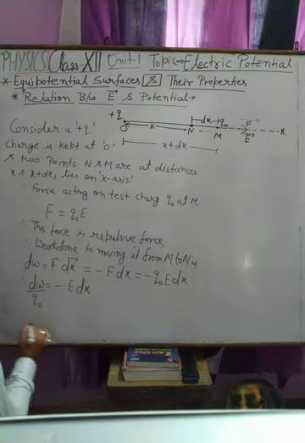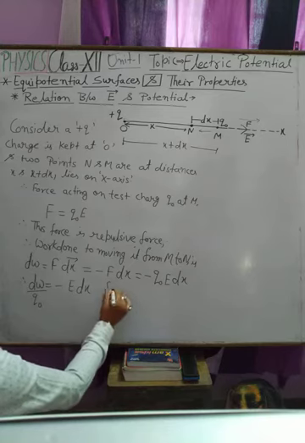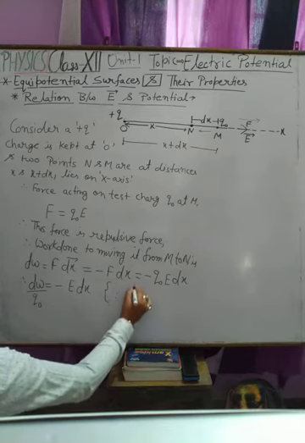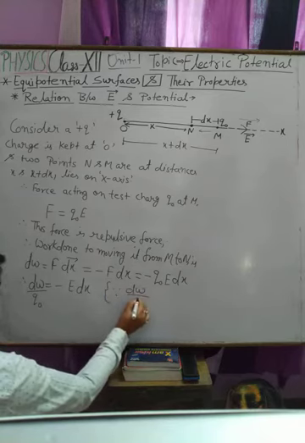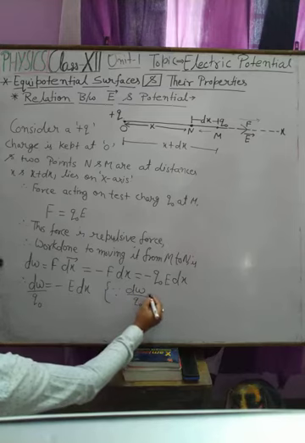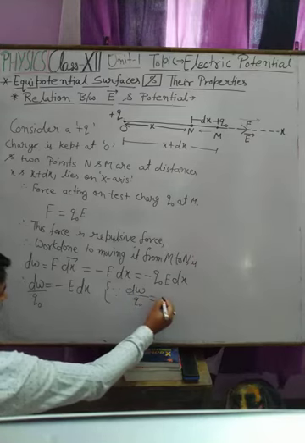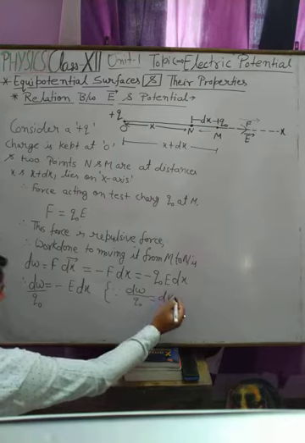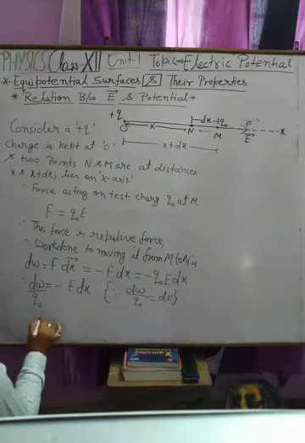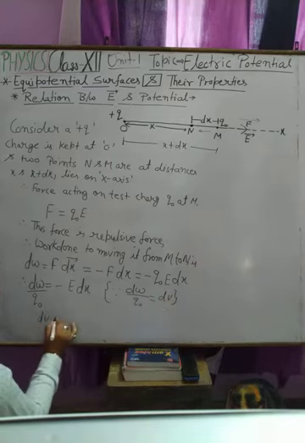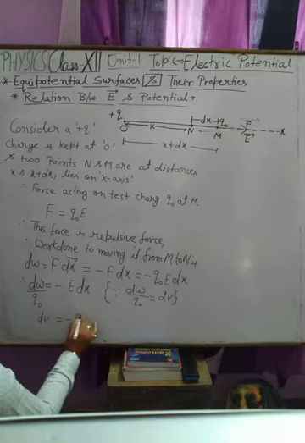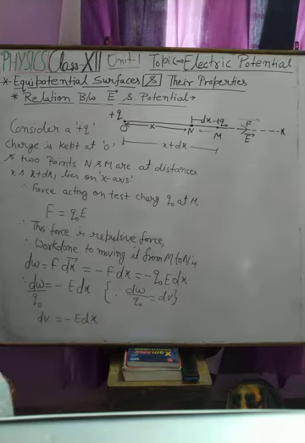Here you all know dW upon Q naught is equal to potential, that is dV. Therefore, dV equal to minus E dx.